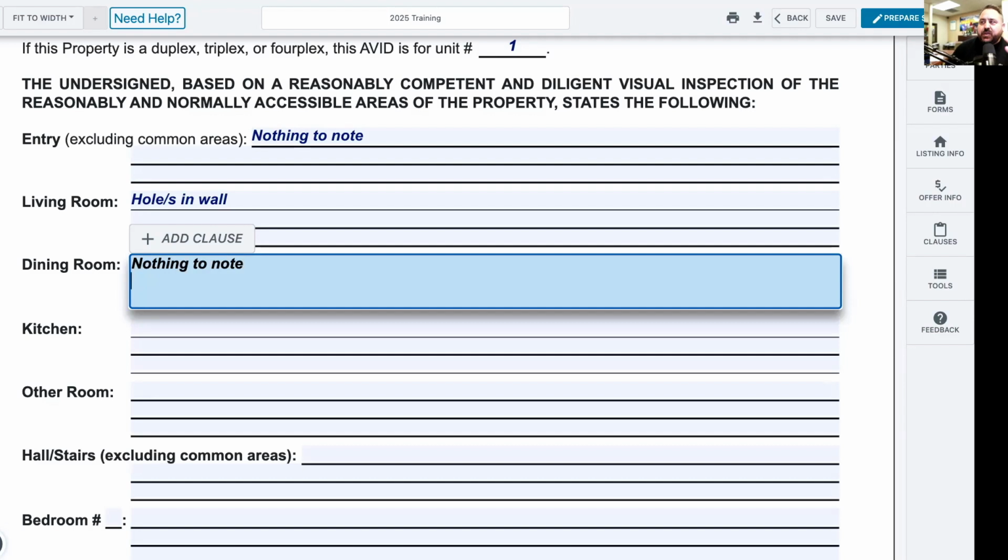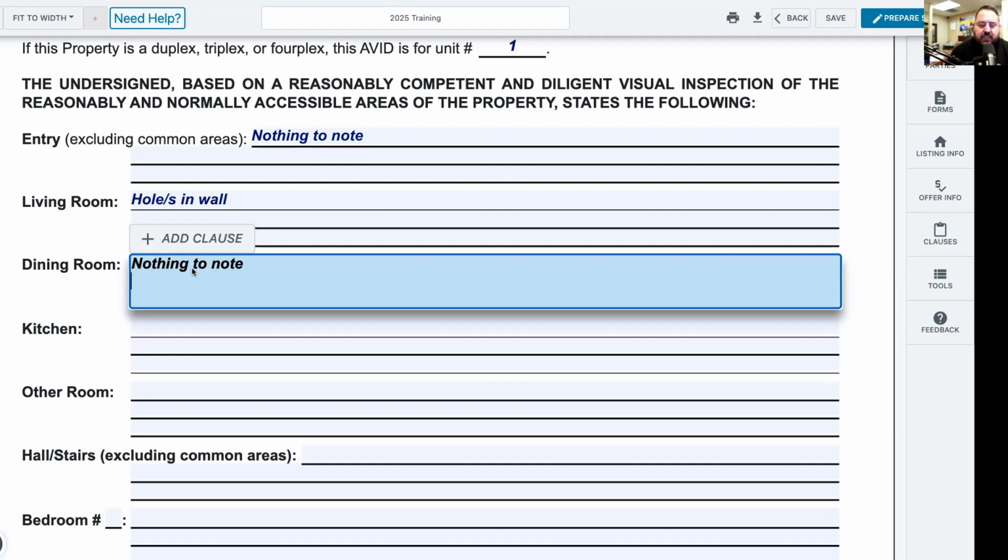The effect of nothing to note is to say, hey, listen, I walked through every room and I didn't see anything that I felt was a defect that was going to affect the desirability of the property. That's fine. It's when we start to leave things blank or start just saying new carpet, new floor, new paint, new ceiling fan.